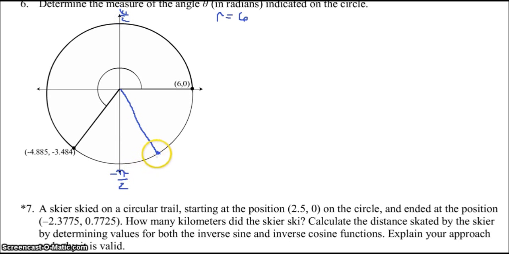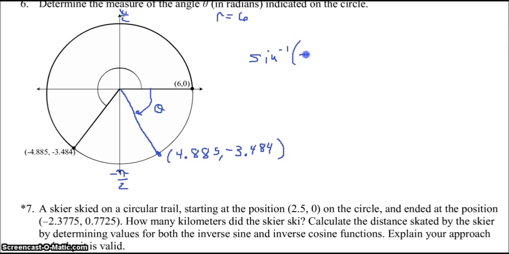We know that this point is actually just positive 4.885, and it's also negative 3.484. So what if we did the inverse sine to find this angle? Take the inverse sine of negative 3.484.